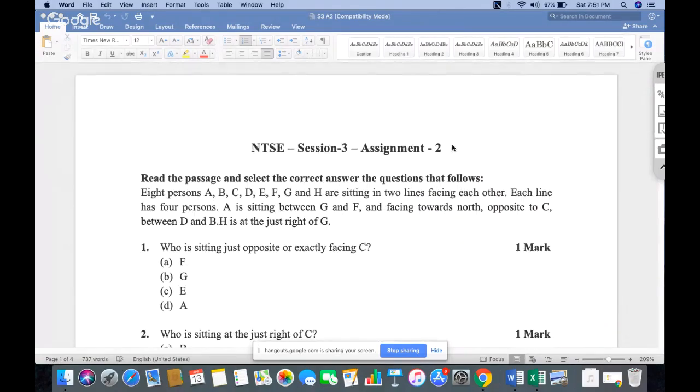These sheets would be sent to you by tonight, and you can solve them at home with answers. I'll send it to you so that you can do it at your place.